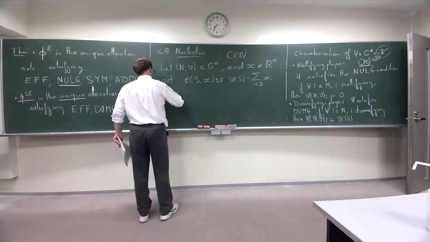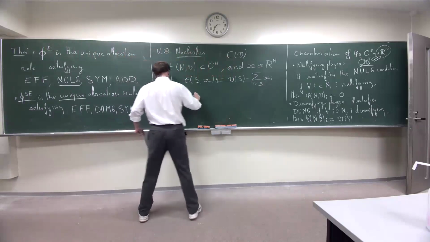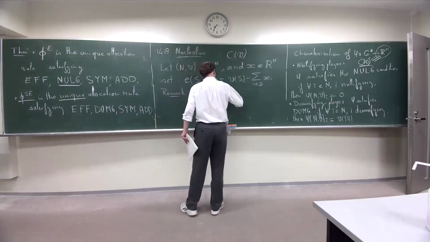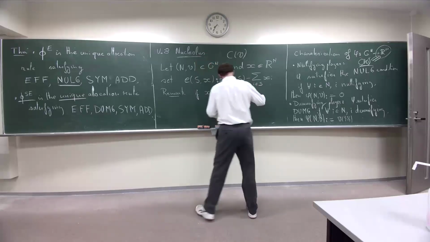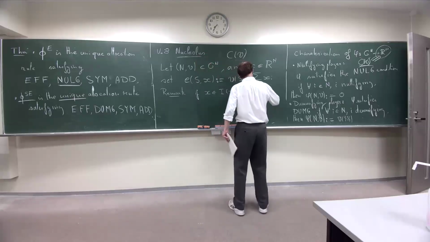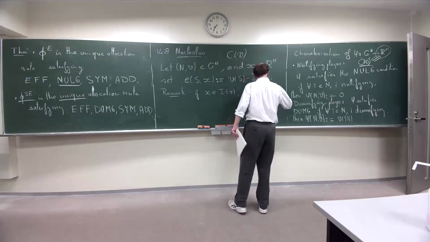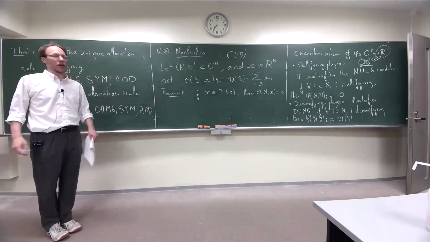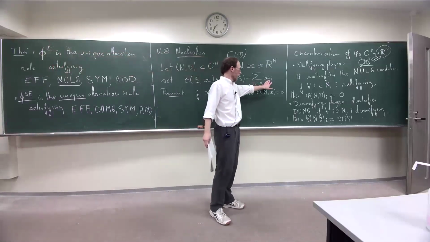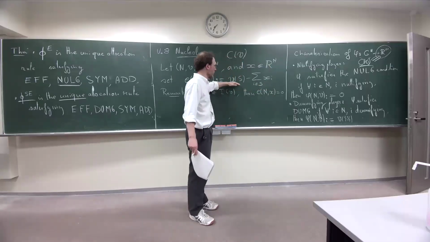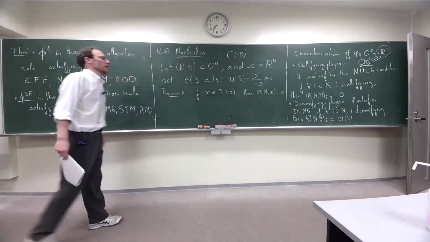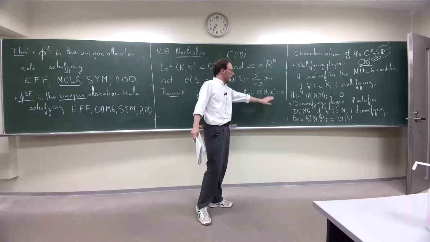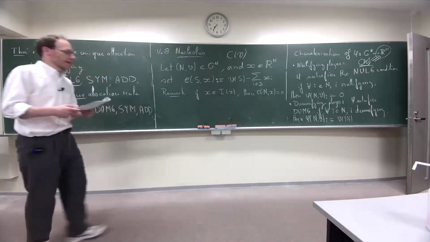And remark, if x is in the imputation set, you need to remember the definition, then this E of N, x is 0. Because by definition of the imputation set, the sum of these components is equal to V of N. It's efficient. But I'm claiming this just for N, not for any other coalition.